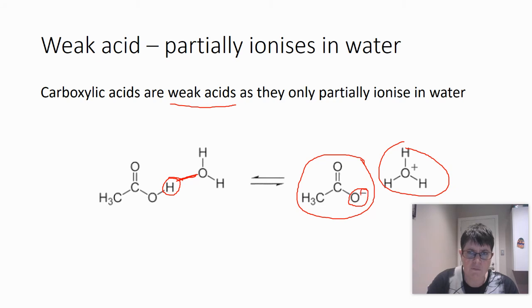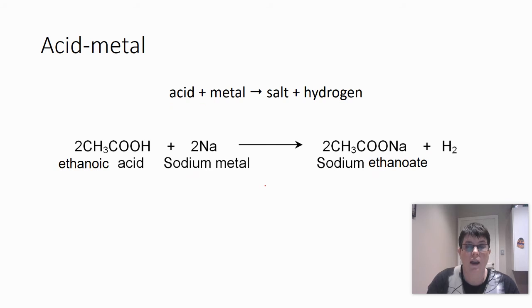We just put the negative there on the oxygen. And we use this double arrow to show that this is an easily reversible reaction. So when you put carboxylic acids in water, they form these ions. They only partially ionize, so they are considered weak acids.